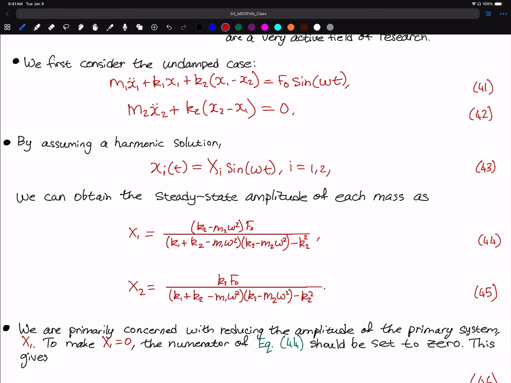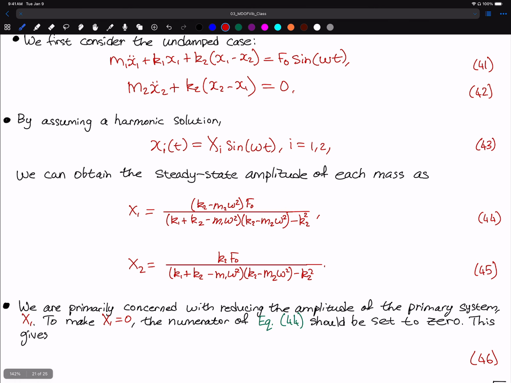By assuming this, we can obtain the steady state solution of each mass, which I've just listed here. This is the same result as what we just saw previously. The only difference now is that we're going to consider how the introduction of this vibration absorber changes the frequency content of the machine itself.